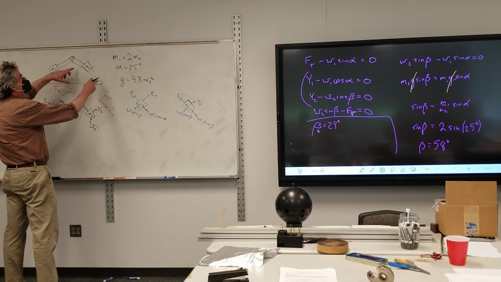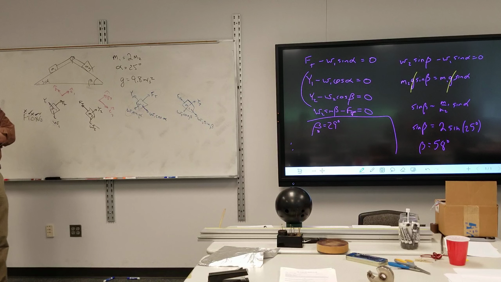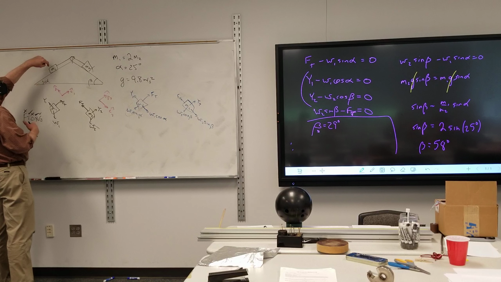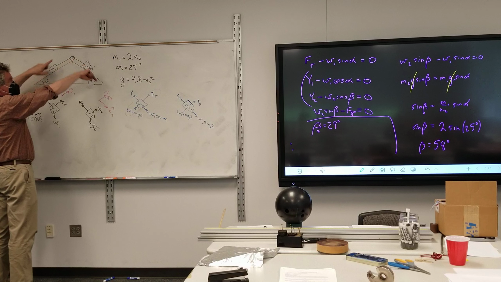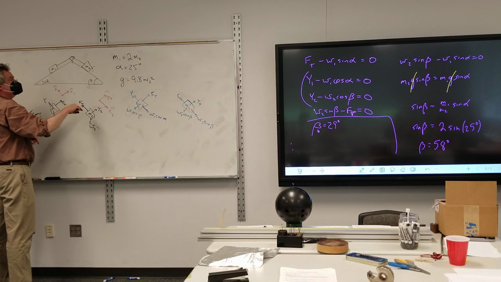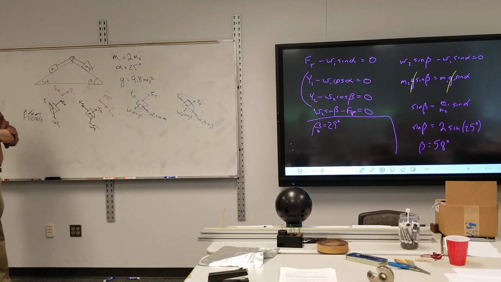If beta is cut in half, which way are these things going to move? Down to the right. That way? No, that way. How do you get that? How do you reason that out?